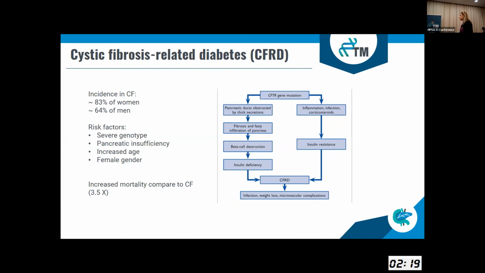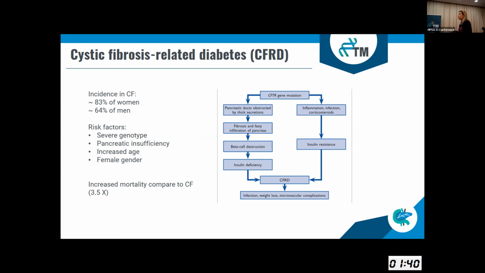The pathological role of CFTR in the endocrine pancreas is more complicated. It can be best illustrated by cystic fibrosis related diabetes, which is one of the most common comorbidities of cystic fibrosis. Above the age of 40, approximately 80% of the women and 60% of the men develop diabetes during their lifetime, which substantially reduces their life expectancy, especially in women.